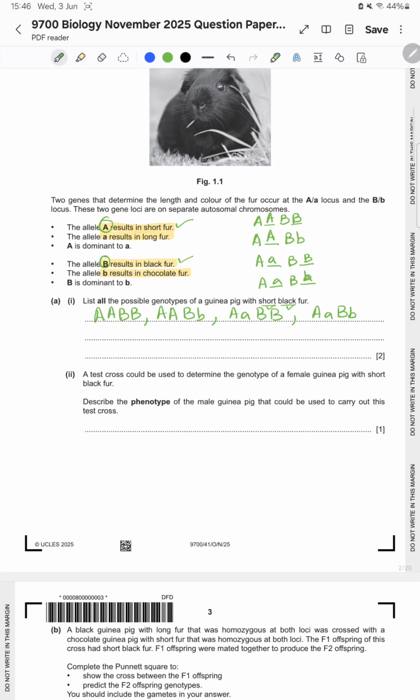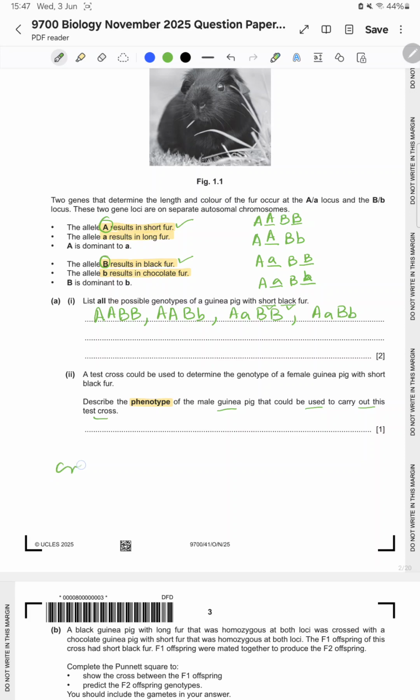Okay, moving on. It says a test cross could be used to determine the genotype of a female guinea pig with short black fur. Describe the phenotype of the male guinea pig that could be used to carry out this test cross.